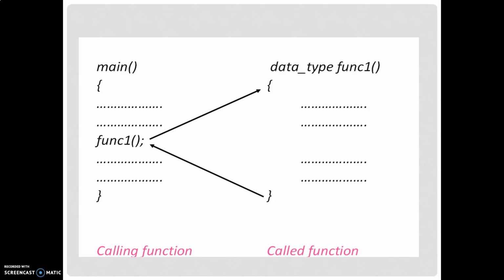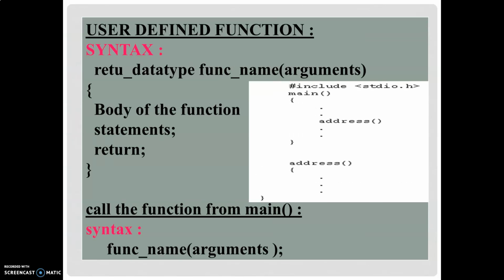This is an example of this. Now here I have given an example, that means user defined function in #include <std.h> main. Inside the main function body I am writing address. This is the way how you will write a program. #include <std.h> is the header file. Inside it you are writing main. Inside main you are declaring the prototype or the function prototype address.